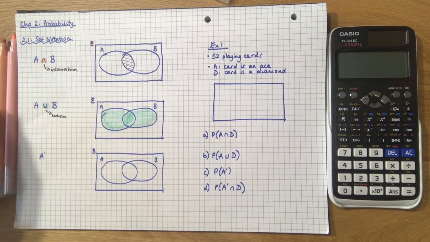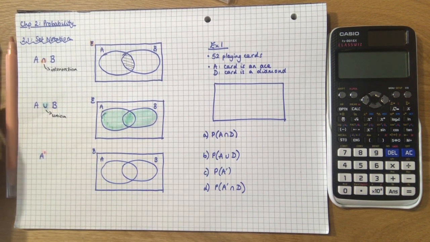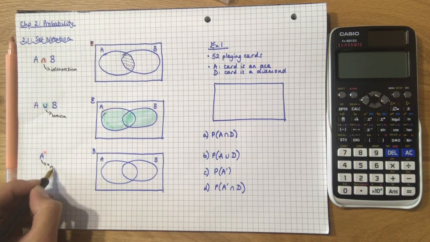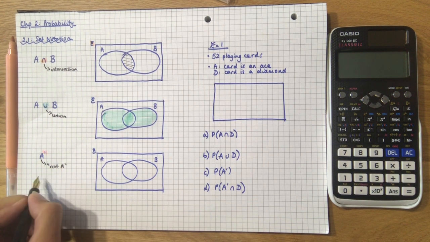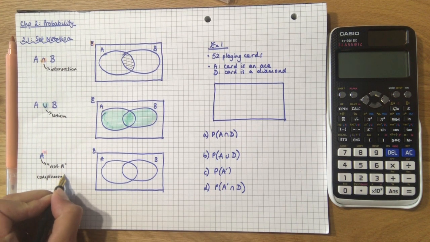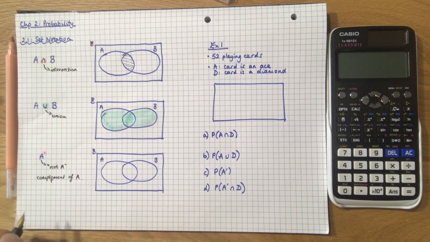The other piece of notation that's really handy is this dash notation here, and we read that as not A, colloquially, and more formally it's called the complement of A. And notice it's complement with an E here and not an I, because we're not telling it how lovely it is.